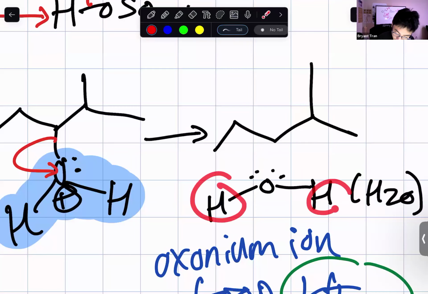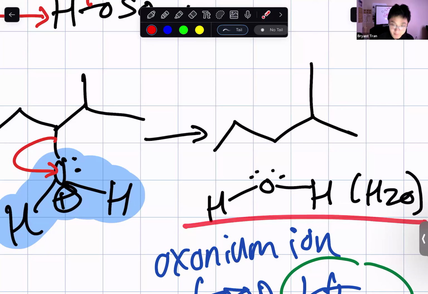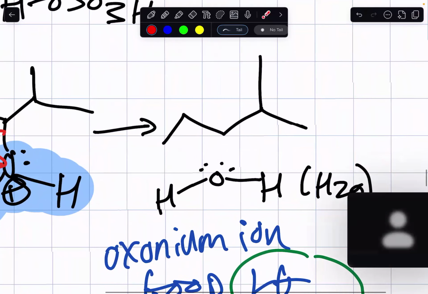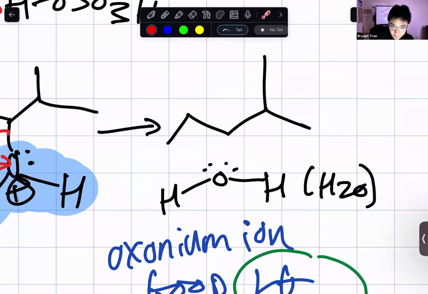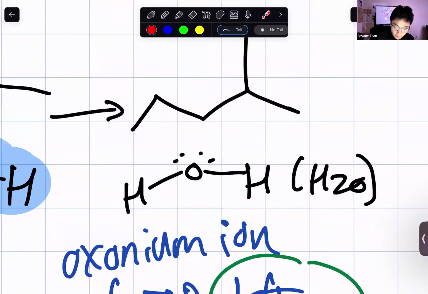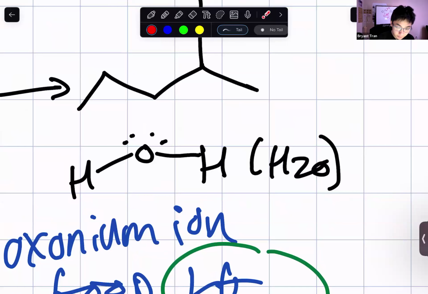We have two hydrogens and oxygen, and we have no formal charges at all. So this neutral water molecule is stable. And because this is a stable molecule, because it's neutral, no formal charges, all the octet rules are satisfied, this is a very happy molecule.